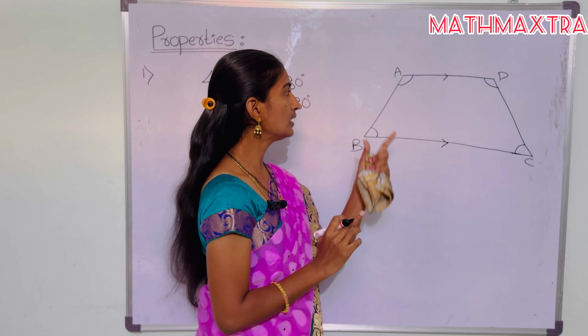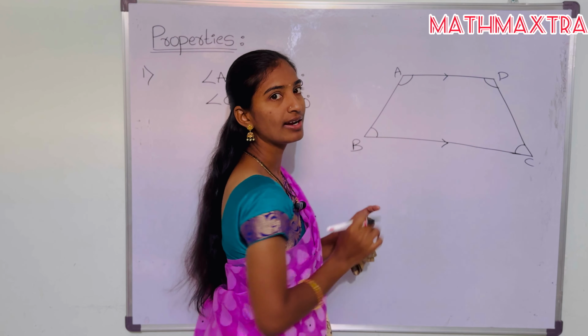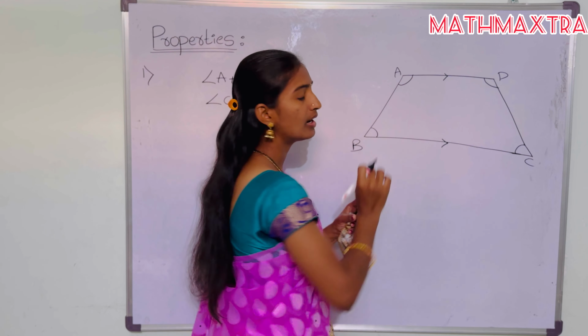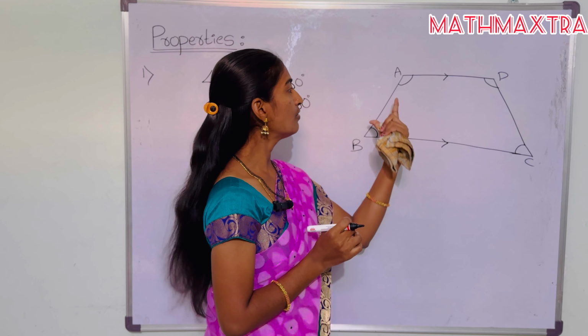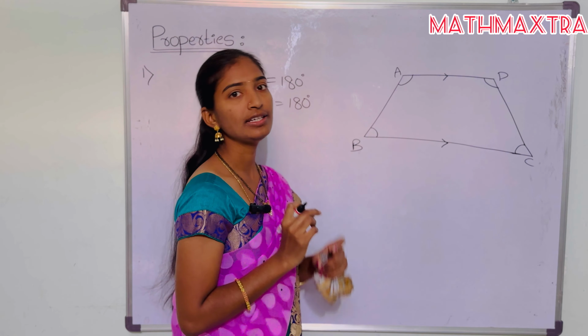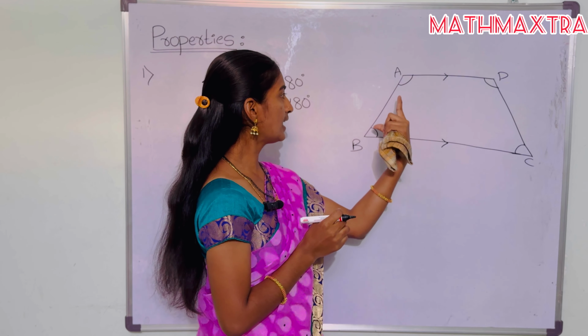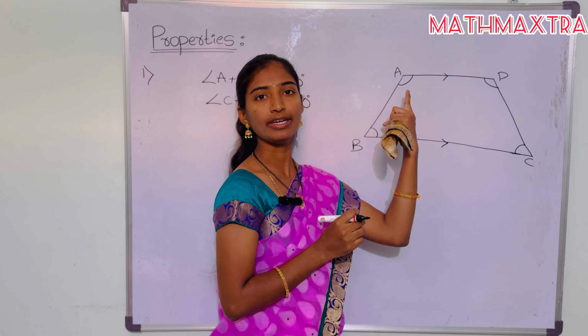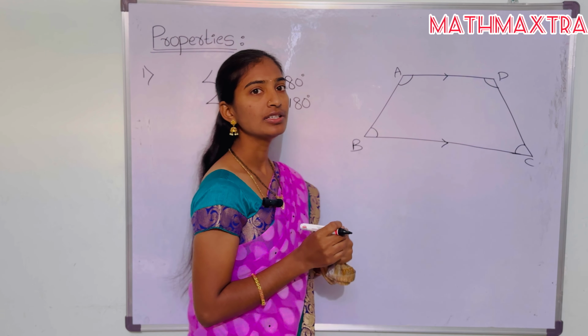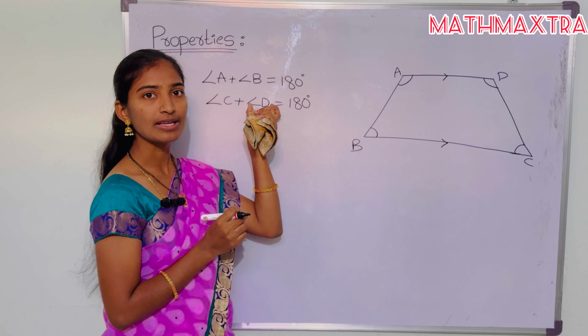So what are these two angles for this transversal? These two angles are co-interior angles. For this transversal, we have a property that the co-interior angles are always supplementary. So that is why we can say angle A and angle B are always supplementary.